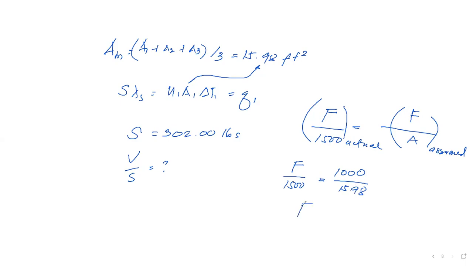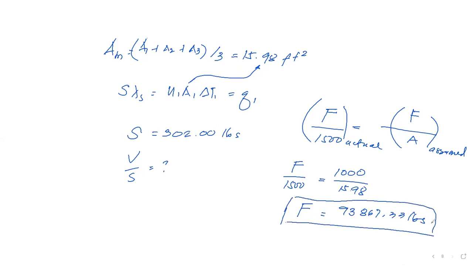So the actual feed for this size of evaporator, basing on the total area of the calandria tubes, is 93,867.33 pounds.